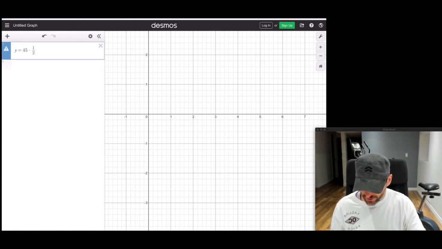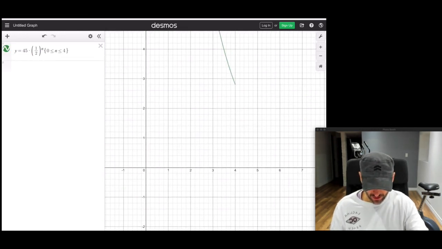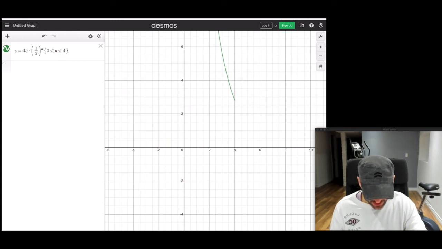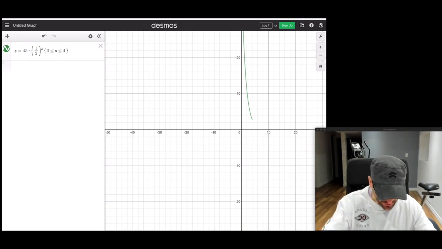And this 1 over 2 is raised to, let's make sure this is going to be right, I'm going to put it in brackets, 1 over 2, close the brackets and then raise it to the x, or the n. So that's what we have there. And then we put restrictions between 0 and 4. So I think this is what we had. Something like that.